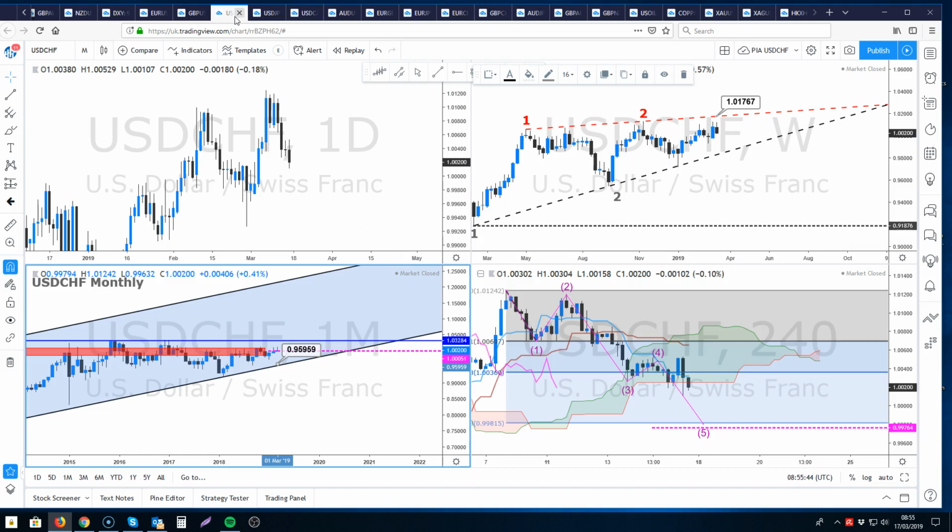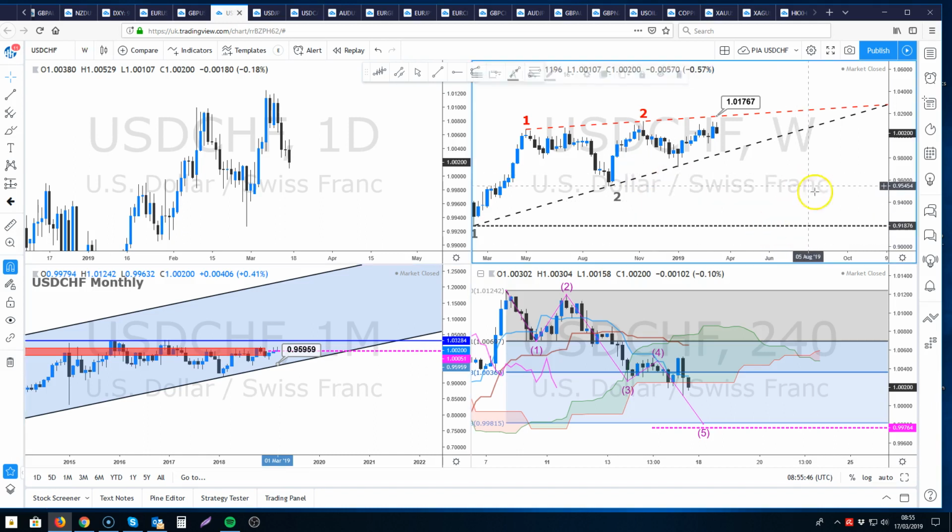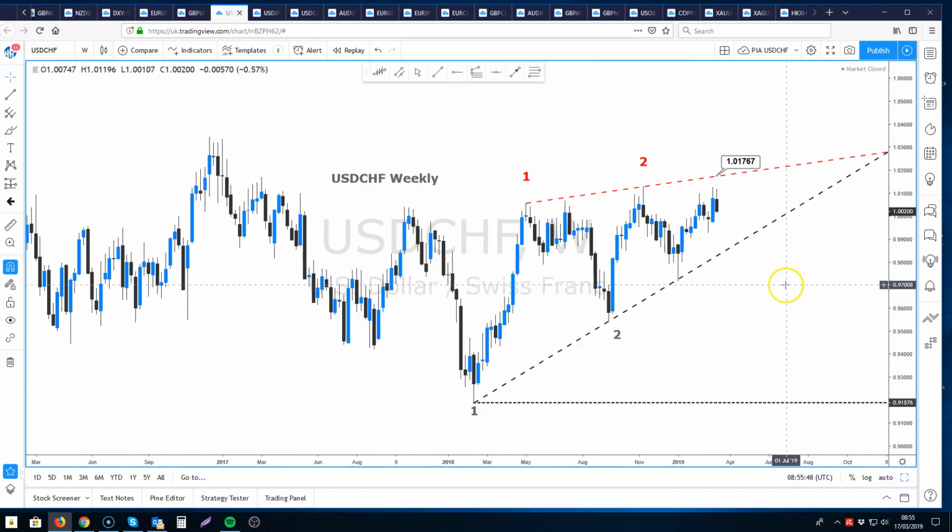Dollar Swiss, and again, we like the bearish outlook with the dollar. What normally happens when we form a wedge formation is we hit the trend line resistance 3 times, and we haven't done that. We've posted an inside week, which highlights indecision.